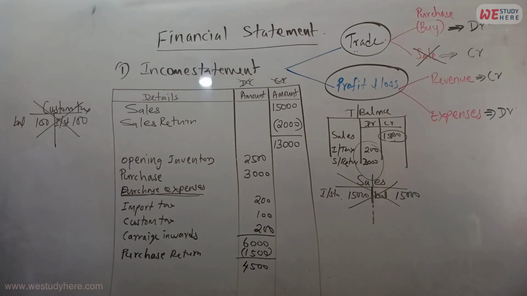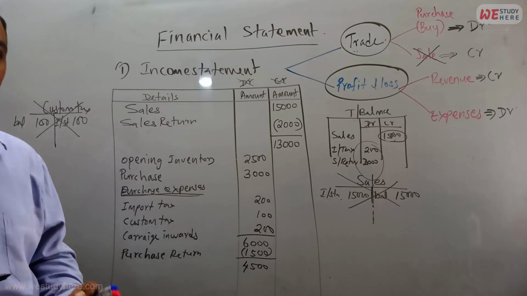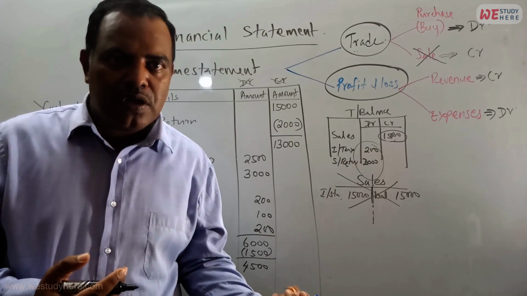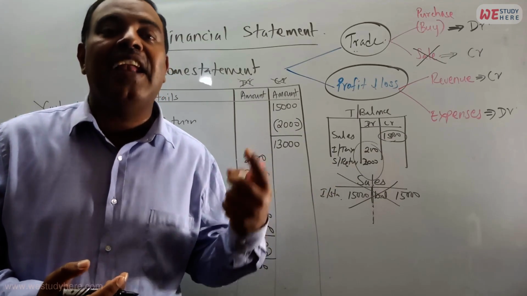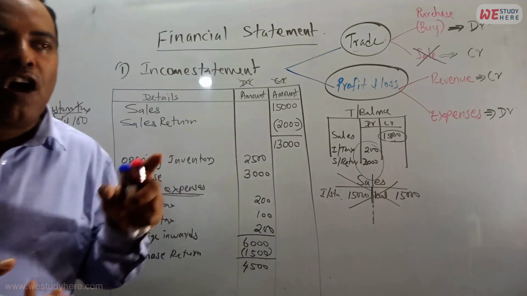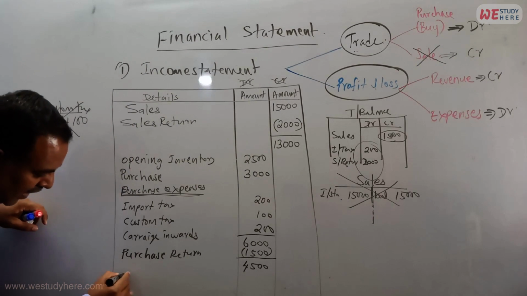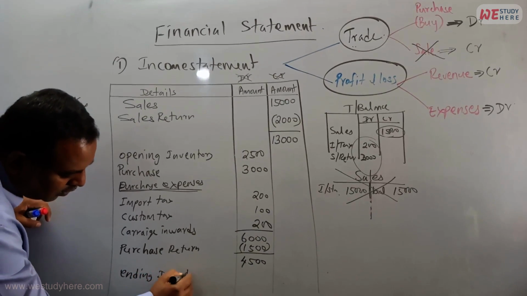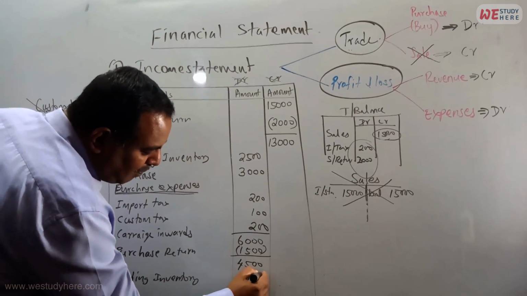The next point is, at the end of the year, that means you have some stock still remaining without selling. This is called ending inventory. That ending inventory you have to minus to find out the cost of what we sold. That's why we have to minus ending inventory, let's say $1,000 as an example.